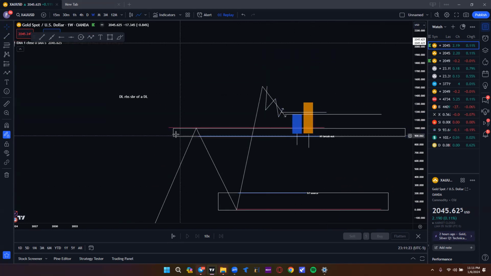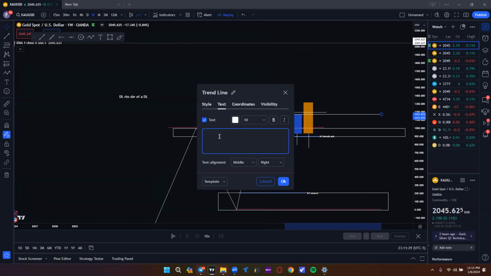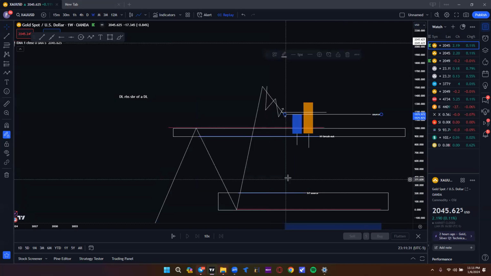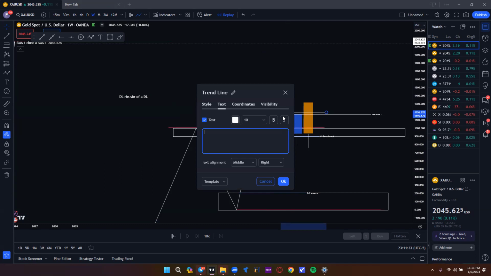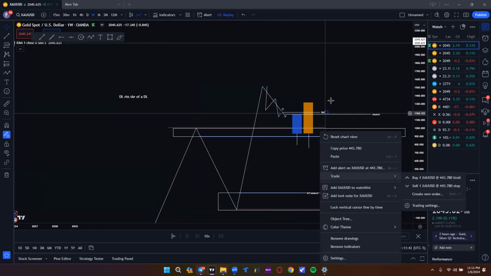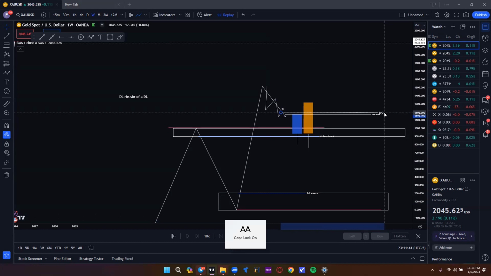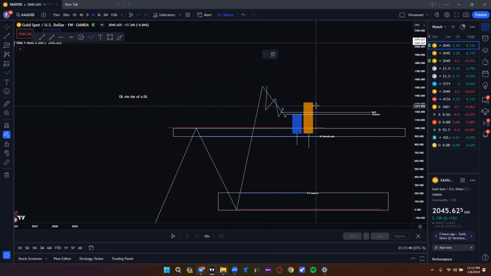So just like how I showed you right here, source, breakout: our source is right here, and then our breakout was right here. So what we observe is price coming back to these levels, open and go.